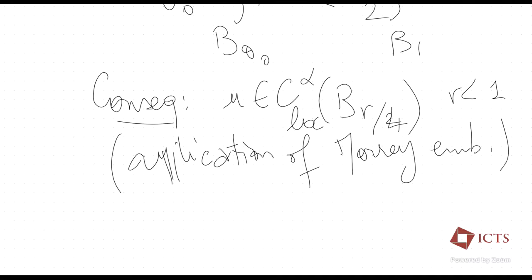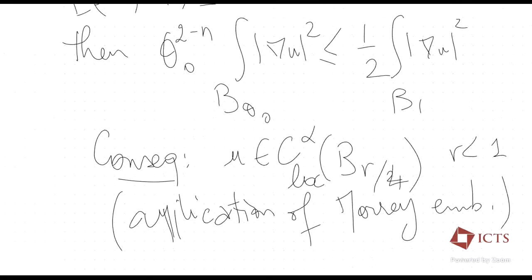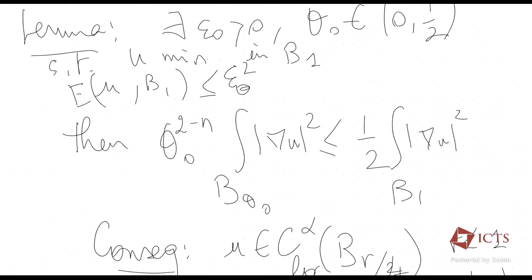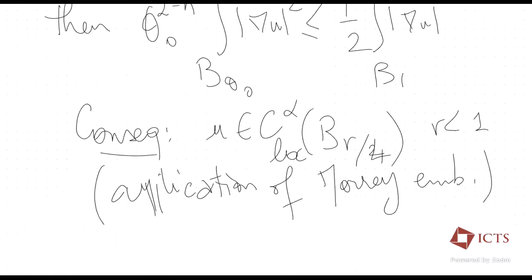So this is really the crucial lemma to prove regularity, because it tells you that under this assumption of small energy, since there exists an epsilon naught such that if the energy is small, then you have geometric decay of the rescaled energy. So under this assumption, you are C alpha.